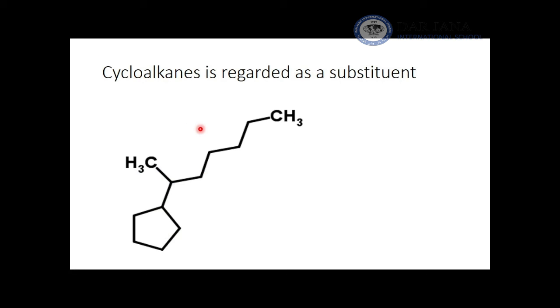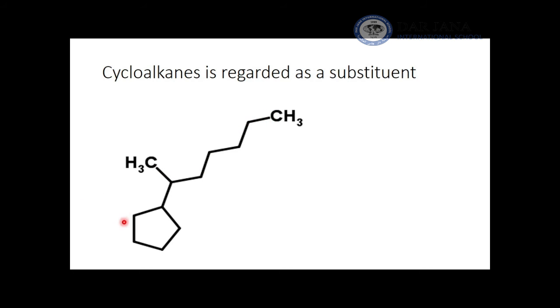Cycloalkanes as substituents. In this molecule, I have a parent. The parent chain in this molecule is not the cycloalkane, it is this chain: 1, 2, 3, 4, 5, 6, and 7.